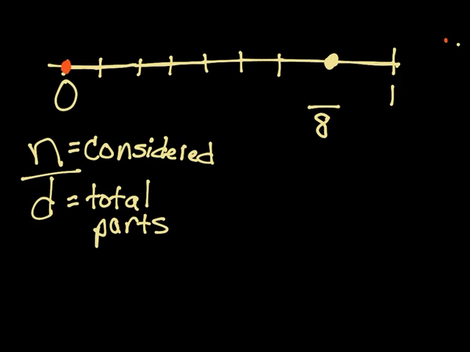And he's going to make little hops. So count for me. So we're going to go 1, 2, 3, 4, 5, 6, 7. Okay. Oh, if you said 8, you're not paying attention. So 7. You guys said 7 right when he landed on that spot. So my fraction is 7/8.